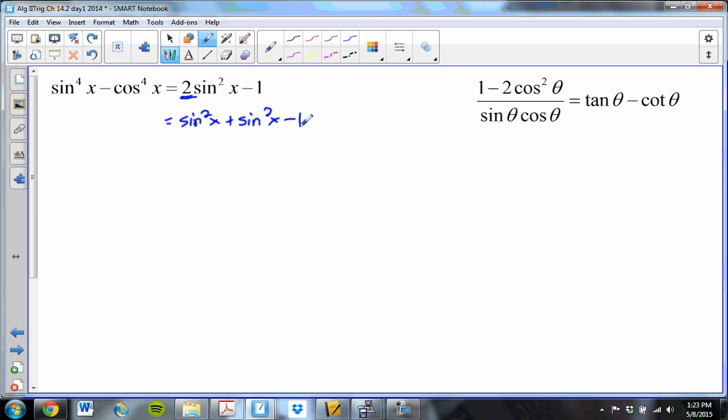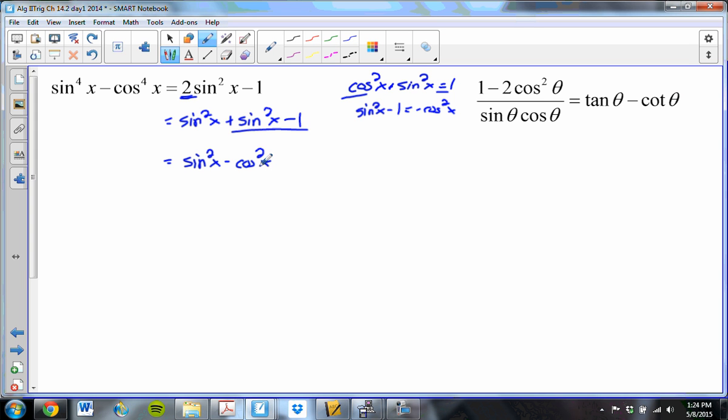Now sine squared x minus 1, well, I know that cosine squared and sine squared is 1, which means that sine squared minus 1 is negative cosine squared. I subtracted this from both sides, so this becomes a negative cosine squared. So it's sine squared x minus cosine squared x. I could play with that a little bit, but I'm going to leave it the way that it is and play with the other side now.